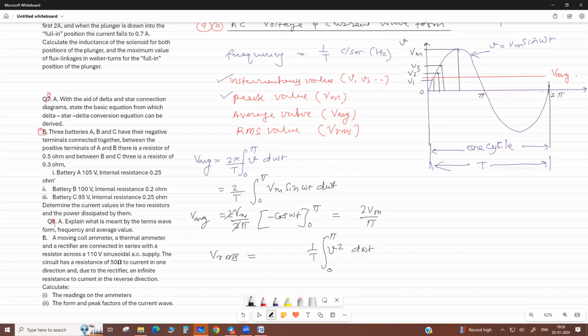Then square, then mean, then root. Again you put the values and calculate, and we get Vm by root 2. This is the RMS value of AC. Please remember these two well. This is the RMS value and this is the average value.